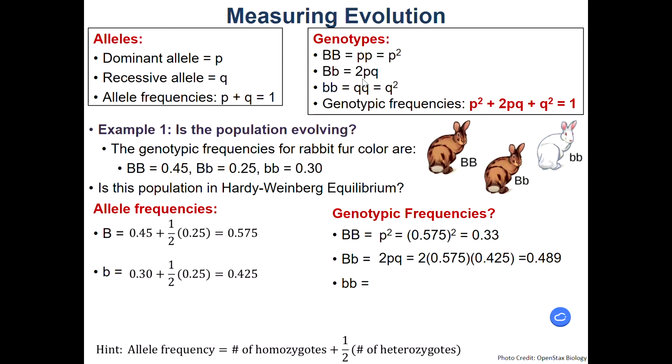For heterozygotes, we need 2pq, so 2 times 0.575 times 0.425 is equal to 0.489. And for our homozygous recessive individuals, we use q squared, so 0.425 squared is equal to 0.18.